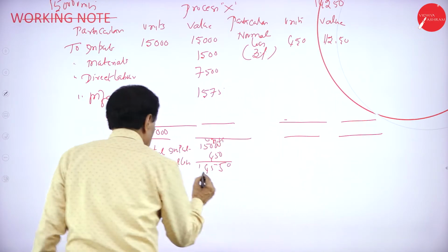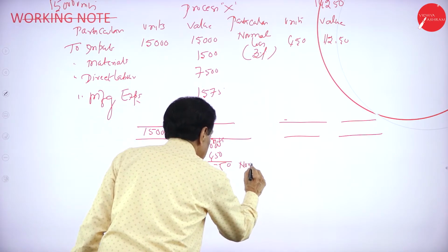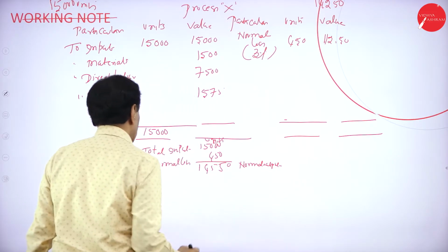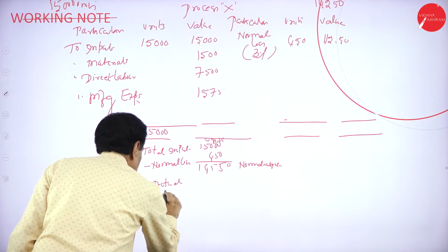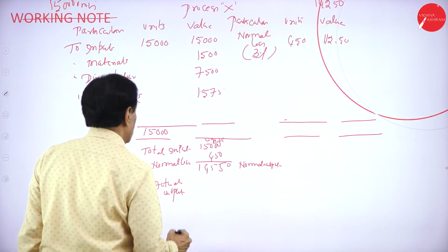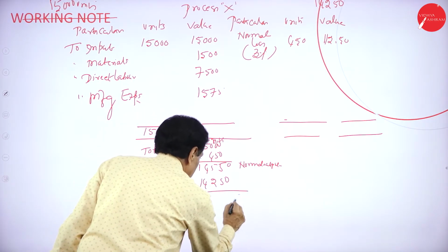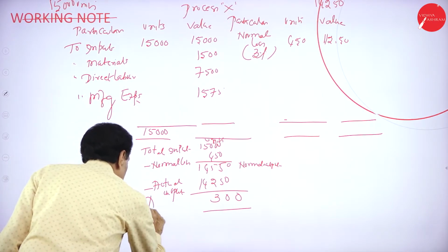This is called normal output, minus actual output. Your actual output comes to 14,250. The difference is 300, which is called abnormal loss.